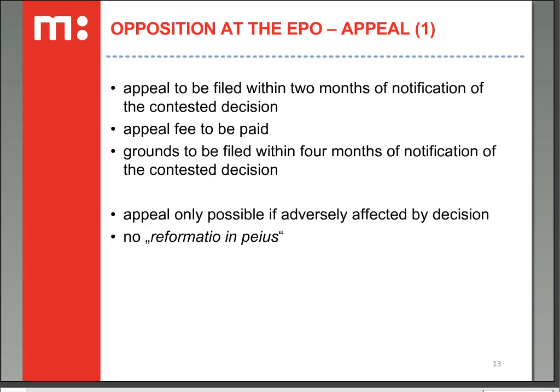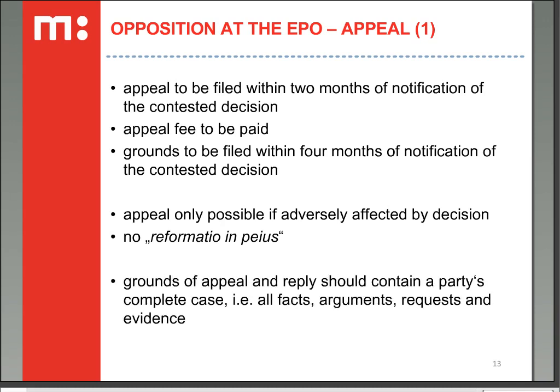So your position may not get worse in the appeal proceedings if you're the only appellant. That means if you are the opponent and the patent was maintained according to auxiliary request 4 and you appeal that, the outcome of the appeal stage can only be better for you, meaning either the patent is more restricted afterwards or completely revoked.